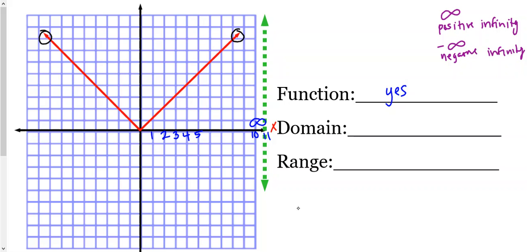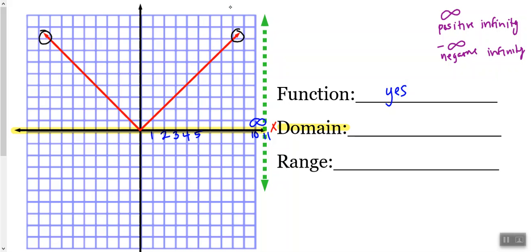All right, so again, domain, let me get my highlighter. Domain is working with our x values, and our x values always go left to right. All right, so domain, I'm going to highlight in yellow. It's our x-axis. So it's asking how far left and how far right does this graph go?